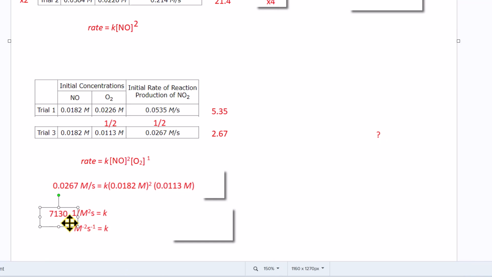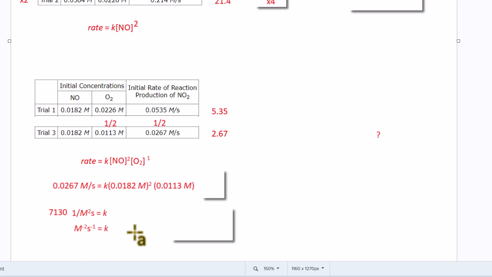Now, you get 1 point for calculating the K. You also get 1 point for the right unit. Now, when you're calculating K, you're dividing M by M, so M disappears because the rate is molar per second. But you're also dividing by molar squared, so your denominator is going to be molar squared per second.